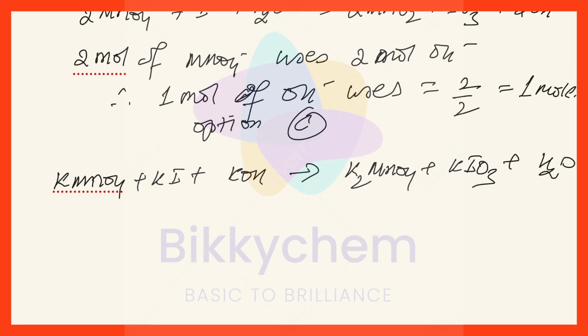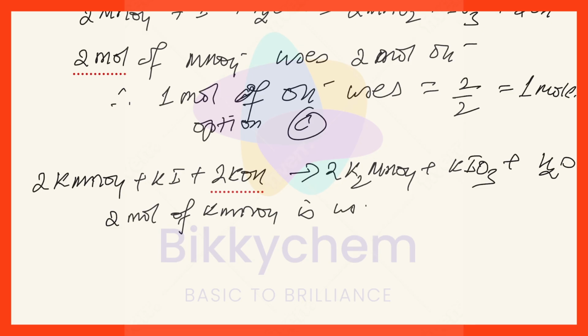So to balance this one, multiply with this 2 and 2. So under controlled conditions also, 2 mole of KMnO4 is using 2 mole of KOH.